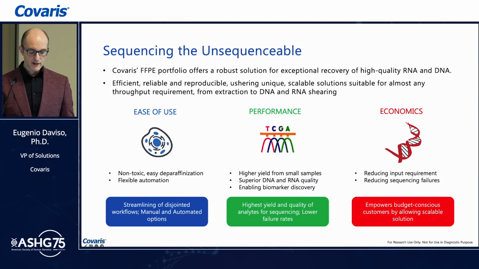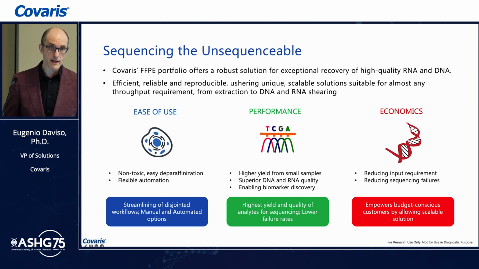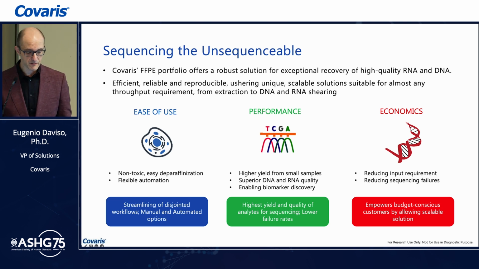Like for the germline solution, we focus on ease of use, performance, and economics. We developed a non-toxic, easy way to deparaffinize FFPE. We enable flexible automation depending on the lab's need, from manual to modular to semi-automated.